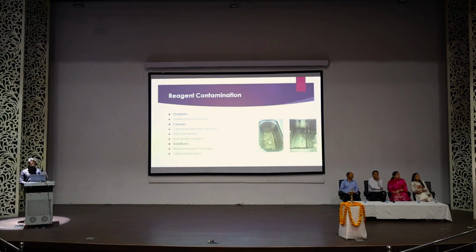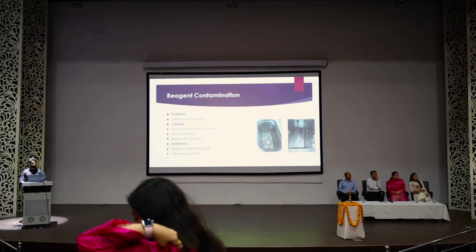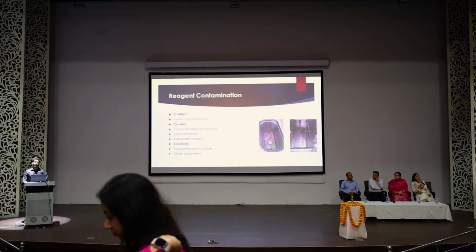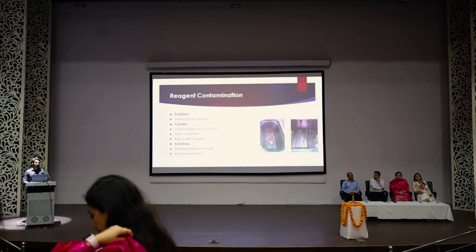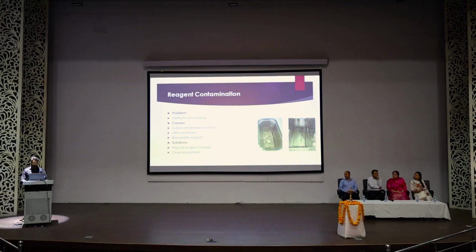The most common embedding error is incorrect tissue orientation, when the desired orientation is not facing the cutting plane of the block. For example, if we take the example of the neck of the gallbladder, the lumen is not good or ideal.